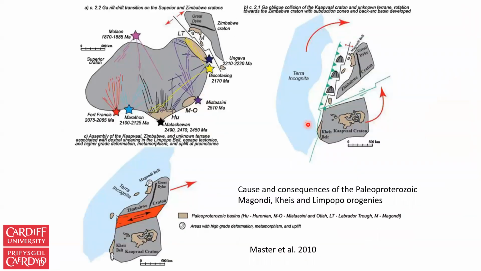So, even bigger picture, coming from Sharad Master, what did all this mean on a more continental scale? Well, Sharad's beautiful phrase here is that the Magondi, the Kheis orogeny, and reactivation of the shears in the Limpopo Belt is due to the arrival of terra incognita from the west against the Zimbabwe and the Kaapvaal Craton, and associated convergent tectonics, and then reactivation of those shears in the Limpopo Belt.